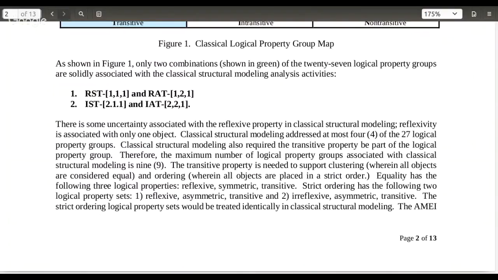They're rather interesting, but also rather constrained. And there is some uncertainty associated with the reflexive property, as I talked about, because it only applies to one object, and how does that apply to a system? You need to have a series of rules that addresses that.